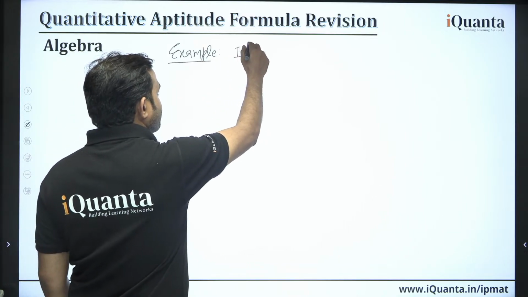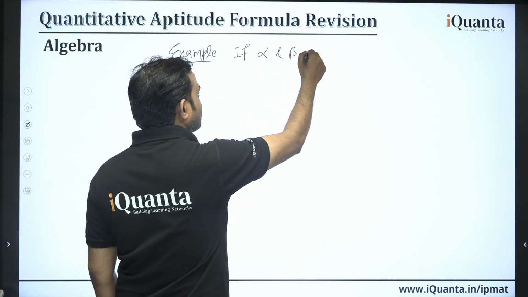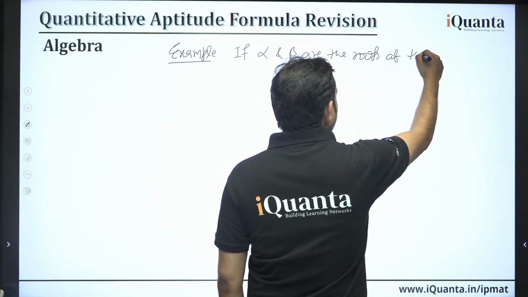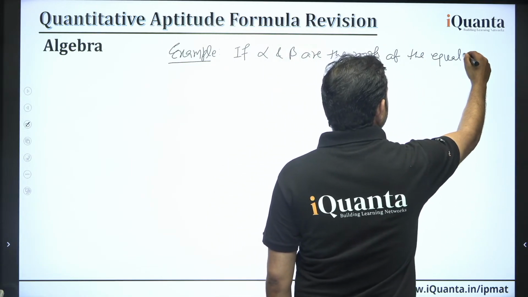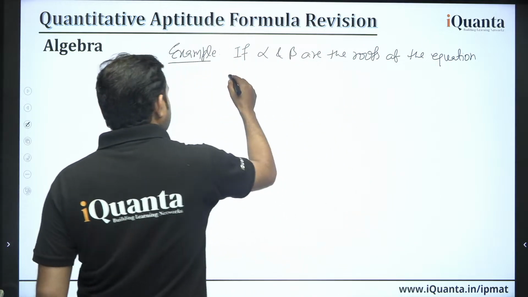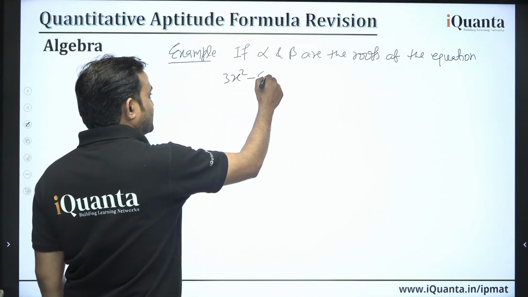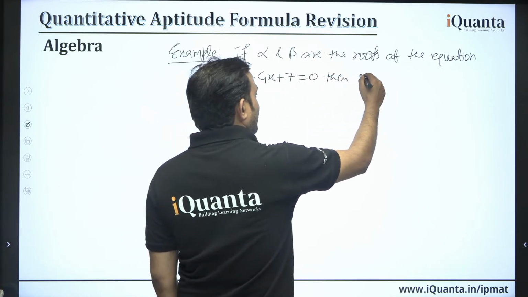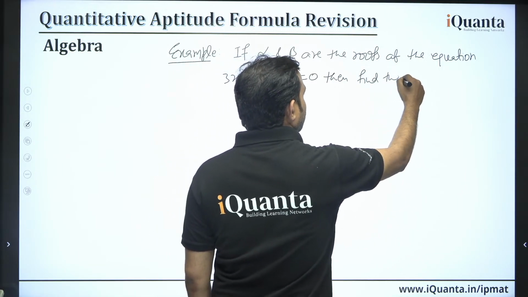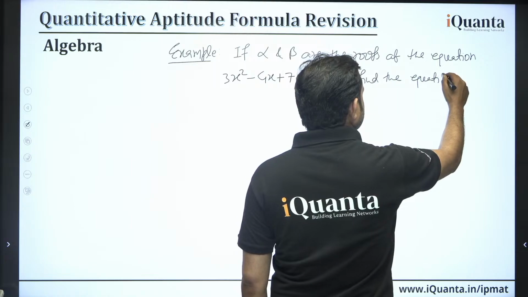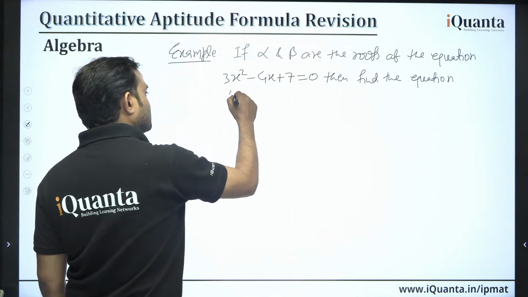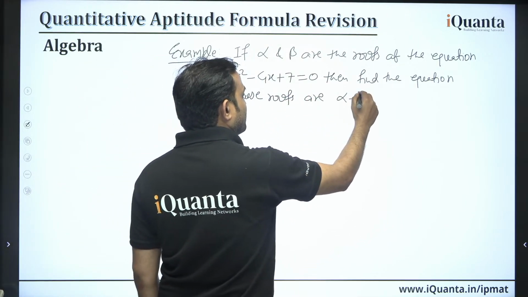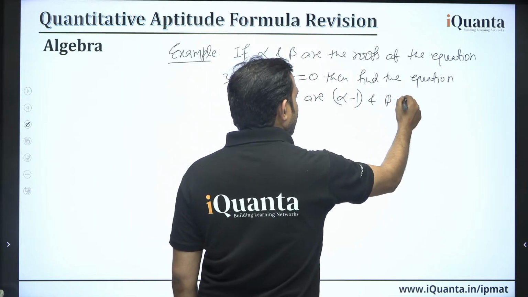If alpha and beta are the roots of the equation, let's say 3x square minus 4x plus 7 is equal to 0, then find the equation whose roots are alpha minus 1 and beta minus 1.